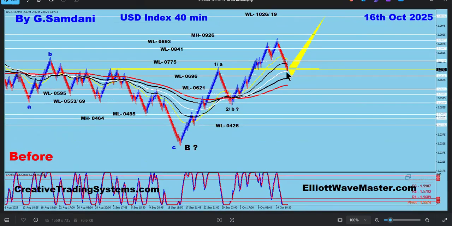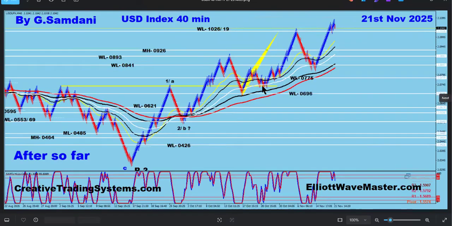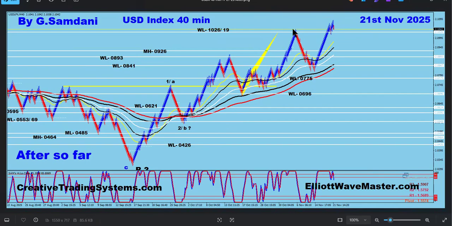On the 40-minute chart, I made this one on the 16th October, a very nice long setup. And it ended up last Friday like this. So this one went up exactly where I said it's going to go, and then dropped, and then it went up again. So this is where 1026, 1019 is there. This is what's going to happen. And again, it may drop here first when the market opens up and then continue to go to the upside.